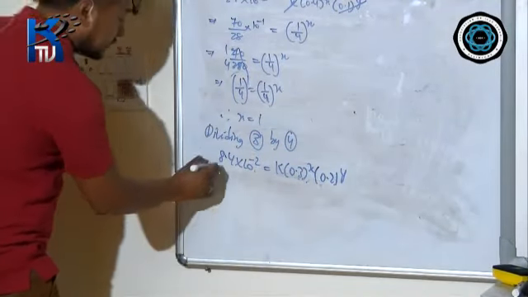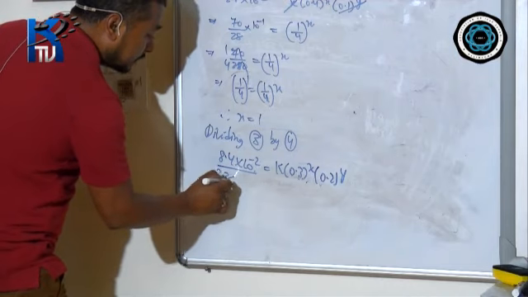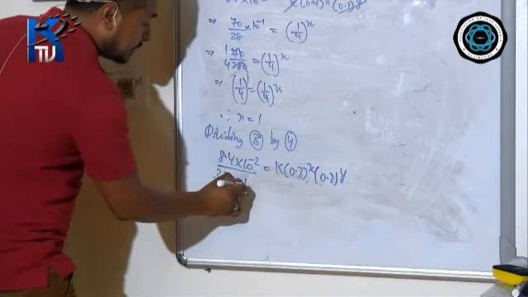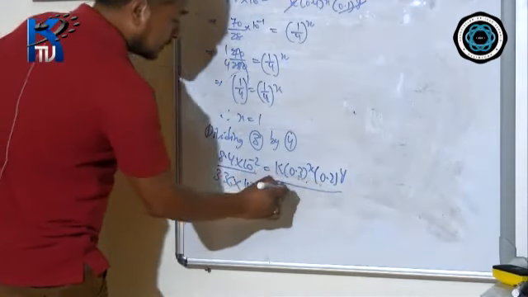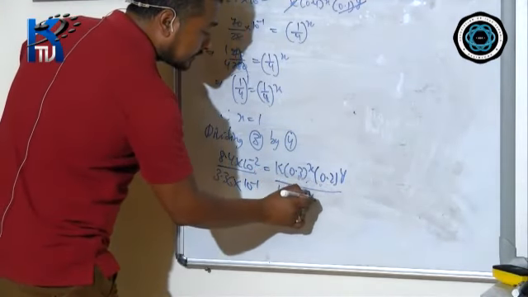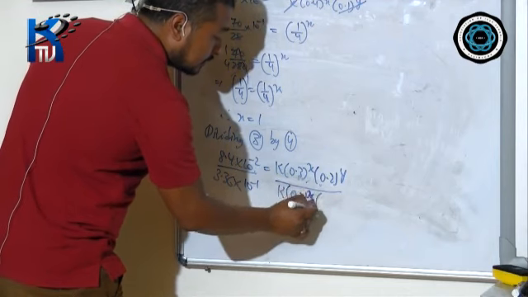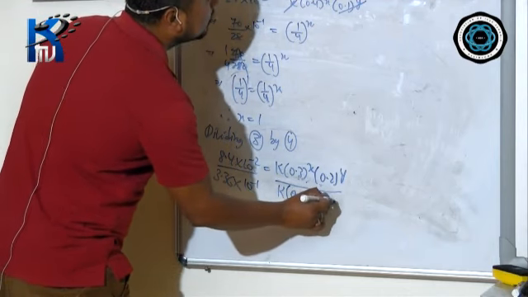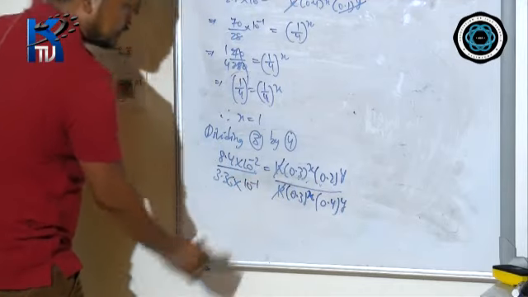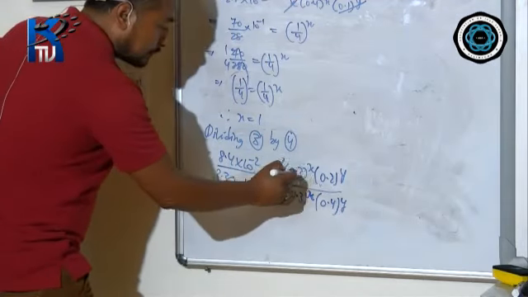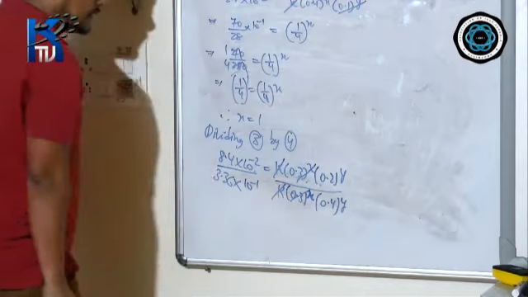Now equation 4 is 3.36 × 10^-1 equals k, 0.3x, 0.4 to the power of y. Again, if you see, this rate constant will get cancelled. This 0.3 to the power of x will get cancelled.